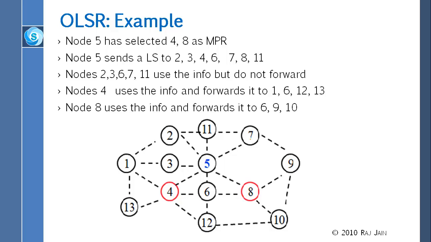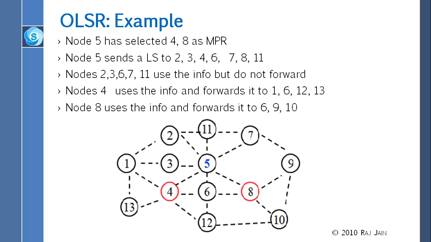And it has selected 4 and 8 as MPRs. So 4 and 8 have a special status because they have high connectivity. 5 has selected them as its MPRs. So whenever it wants to send the information, it sends to all 7: 7, 11, 2, 3, 4, 6, and 8. But only 4 and 8 will transmit it further.